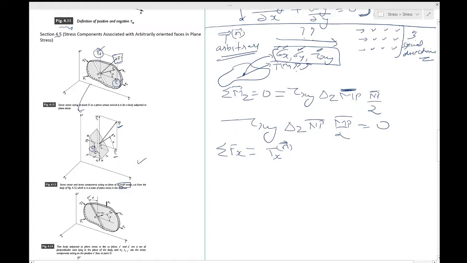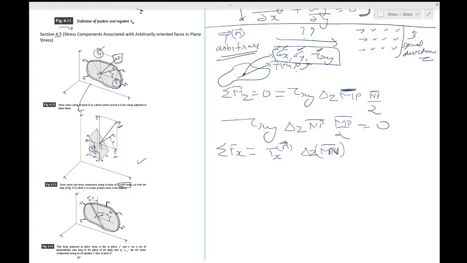Then you want to multiply it by a suitable area, and that area should be delta z multiplied by mn. Okay, it's this inclined plane which you have, and the lever arm this time, oh, there's no lever because it's not a moment, so it's just a force.